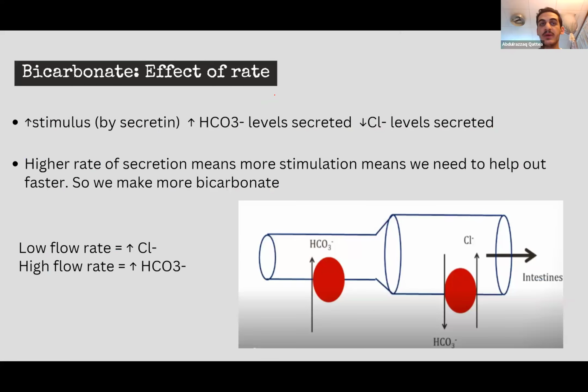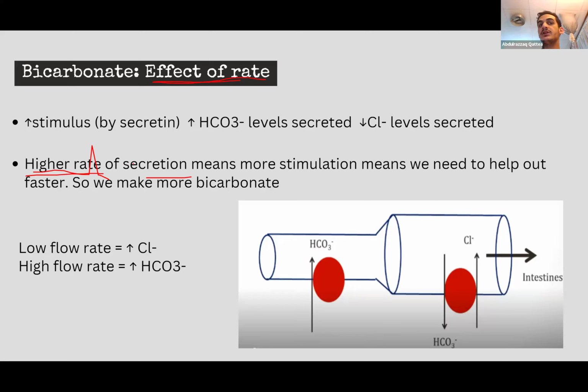For the bicarbonate, there is something called effect of rate. Effect of rate is simply when a higher rate of secretin means more stimulus, means we need more bicarbonate. So when you eat food, there will be a secretin stimulation.